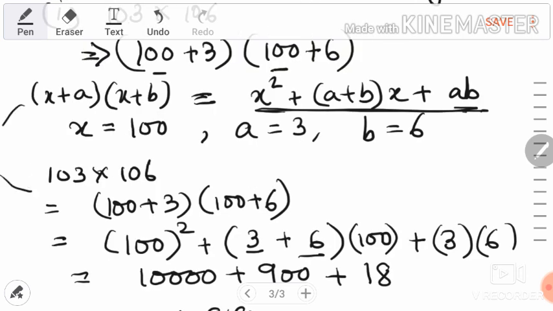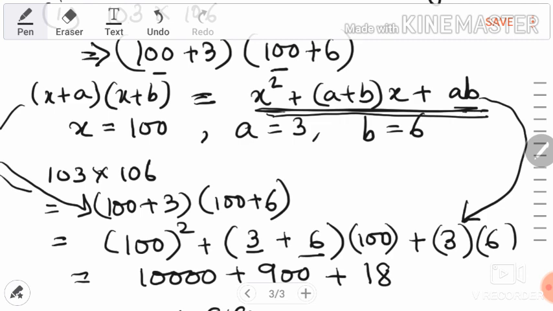This is the left side of the identity and this is the right side of the identity. I have just plugged in the values of x, a and b in the same expression.